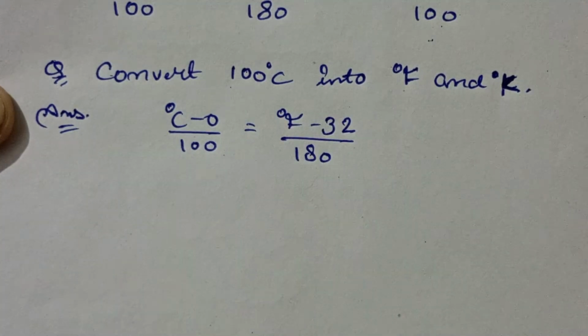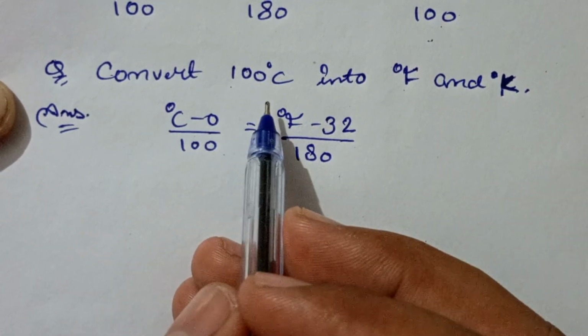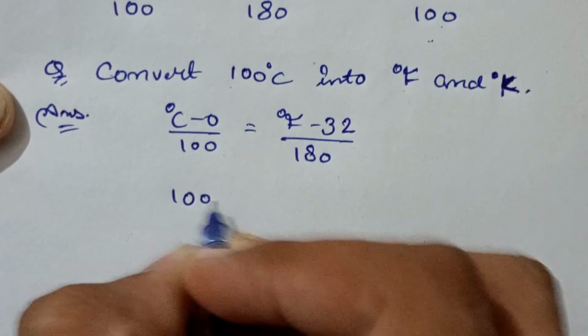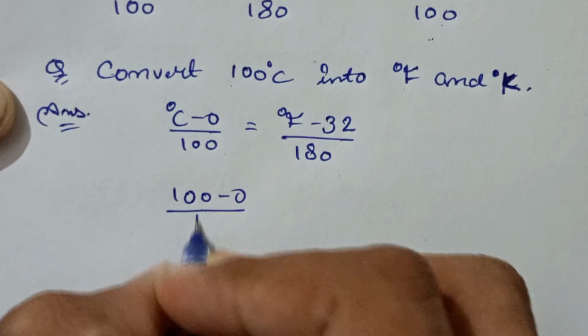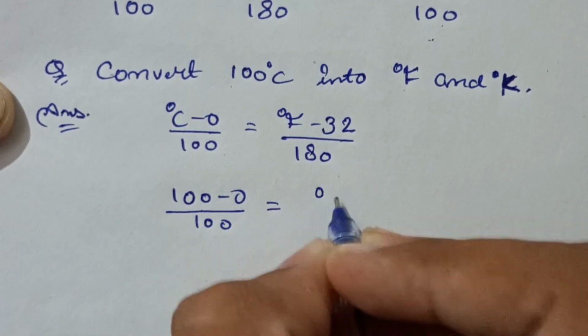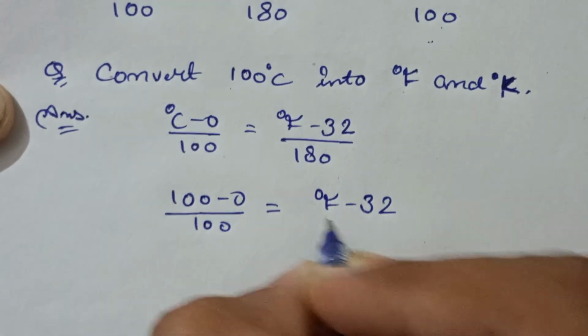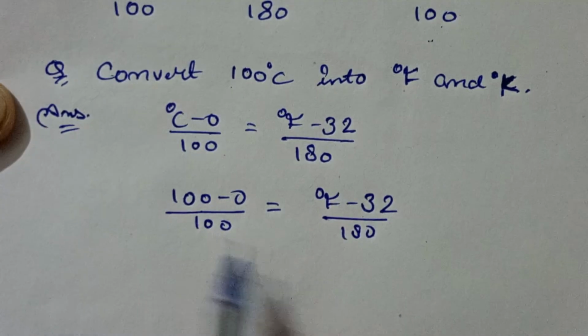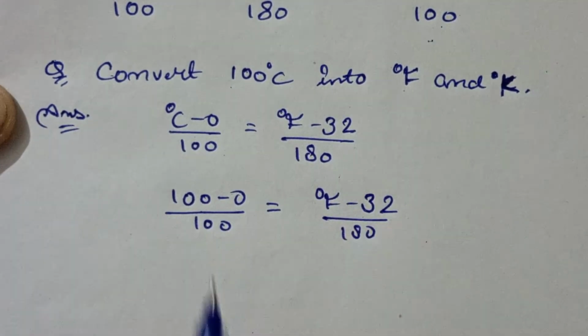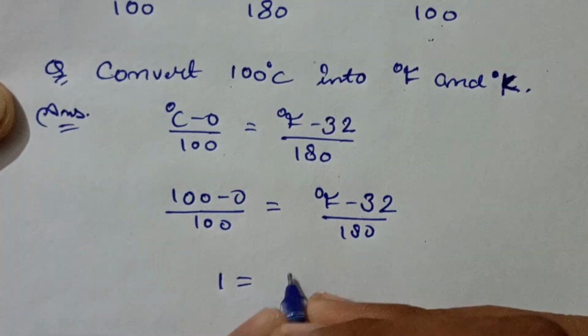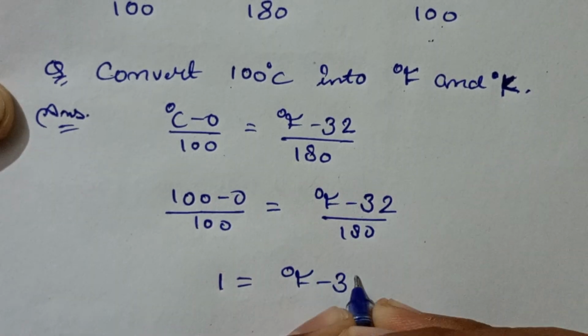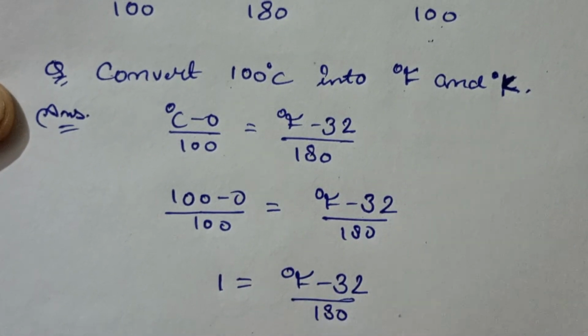Now degree Celsius is given to be 100 degrees. So 100 minus 0 divided by 100 is equal to degree Fahrenheit minus 32 divided by 180. 100 minus 0 is 100. 100 upon 100 is always equal to 1. So 1 is equal to degree F minus 32 divided by 180.